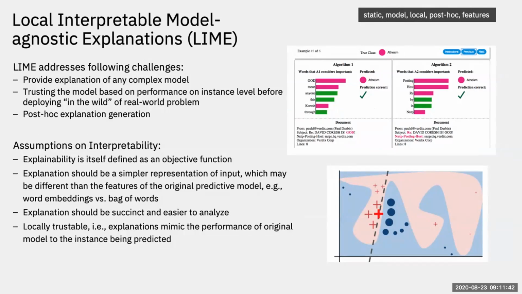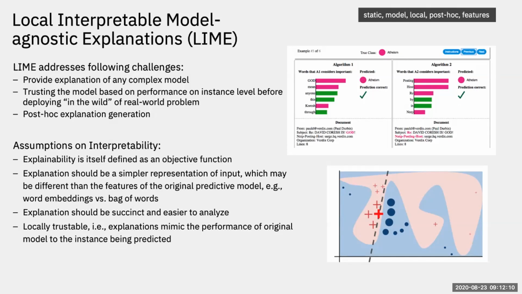The words marked in red denote their association with atheism. We can see here that algorithm 1 is much more explainable than algorithm 2. So this is the main contribution of the LIME method: once we provide this kind of explanation, it becomes easier to choose between different algorithms.